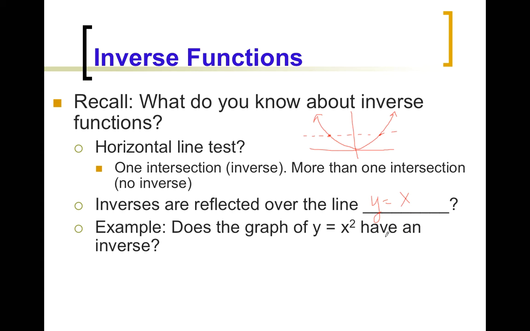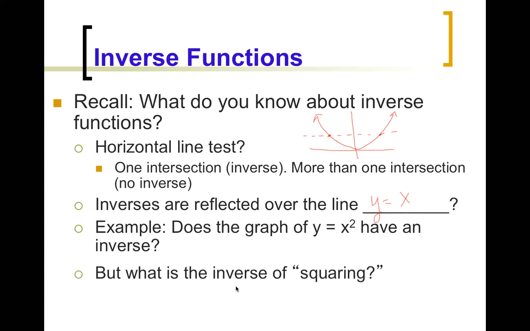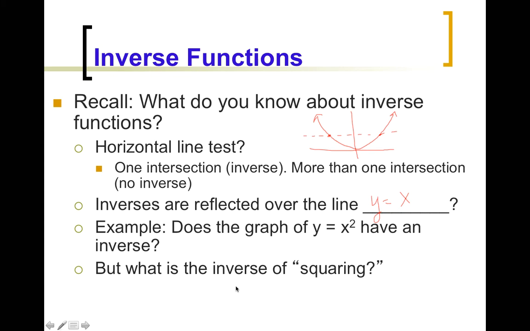But here's the problem. Inverses are two functions that undo each other. And we know that the inverse of the square function is to take the square root. We just know that. When we solve equations, if we have something like 4 equals x squared, we know to take the square root of both sides because it undoes the square.